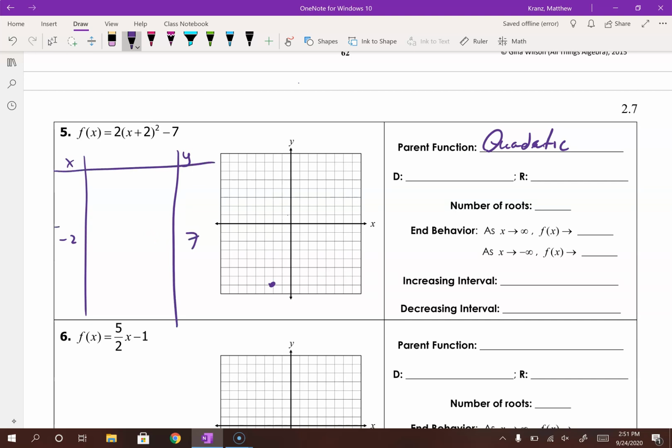I'm going to use a -3, a -4, a -1, and a 0. So the -4: 2 times -4 plus 2 squared minus 7. -4 plus 2 is -2, right? So -2 squared is 4. So it's 2 times 4 minus 7. So 8 minus 7 is 1. So that's going to be a 1.